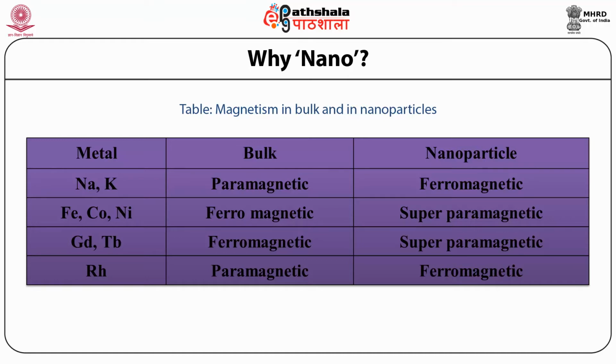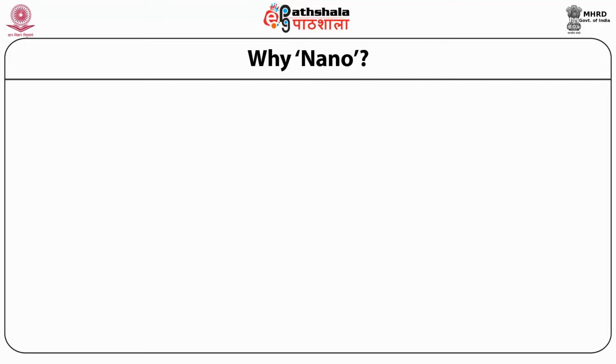Next, we have gadolinium and Tb, where the ferromagnetic nature in the bulk changes to superparamagnetic in nanoparticles. Next is ruthenium, whose paramagnetic nature in the bulk changes to ferromagnetic in the case of nanoparticles.